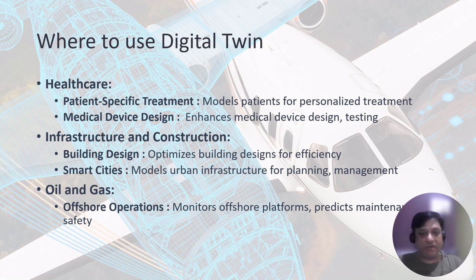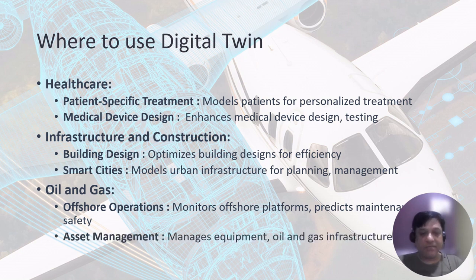The first one in it is offshore operations, wherein digital twins monitor offshore platforms, predicting maintenance needs and ensuring worker safety. The asset management, wherein it manages complex asset equipment and the infrastructure across the oil and gas supply chain.